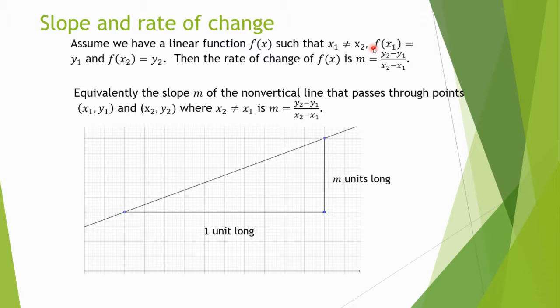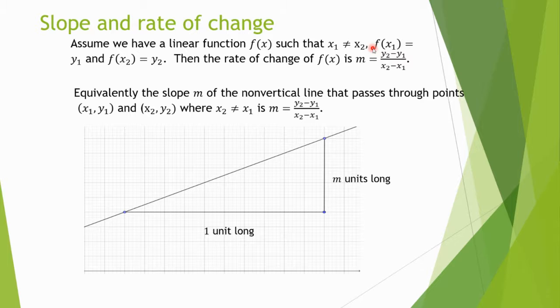The picture I'm showing there is really to help illustrate the rate of change, what it does. So in other words, if you increase x by 1 unit, your output, the vertical change, is going to be m units. That's all I'm trying to show there.